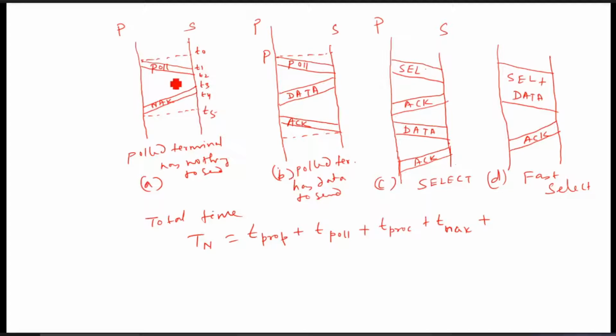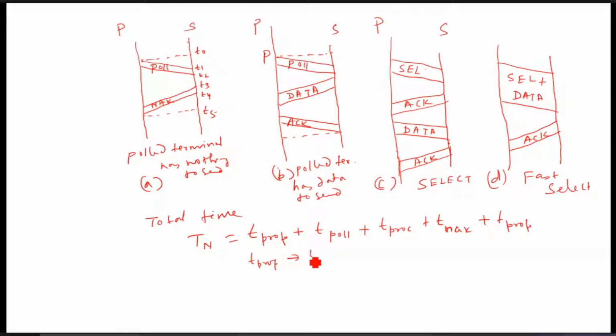So if you consider this, the transmission time of the poll plus propagation time, similarly the transmission time of the negative acknowledgement plus propagation time. So there will be 2 propagation times. Now, what are those times? T propagation, if you see the timing diagram, is T1 minus T0.